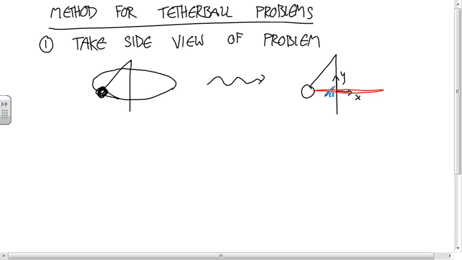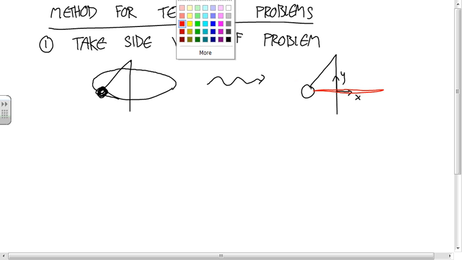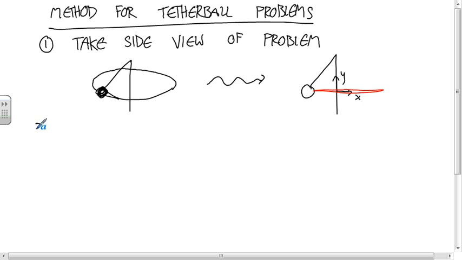But really the circular path just stays horizontal. Okay, steps 2 through 6 are the same. The only thing different is that our coordinate system is going to represent a different view.